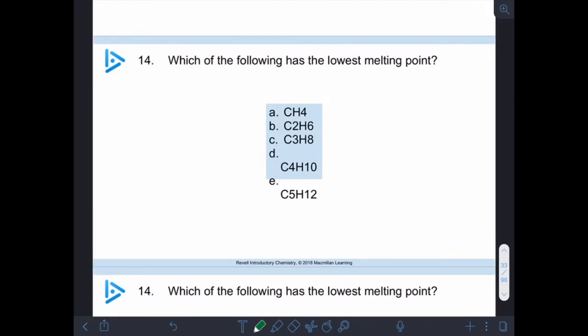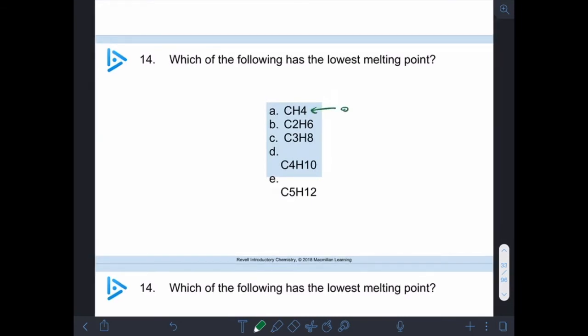A has 1 carbon, B has 2, C has 3, D has 4, and E has 5. 1 carbon versus 5 carbons. Right? So just based on size, right? Because these are all relatively the same shape. They're all just making chains. 5 carbons wins.